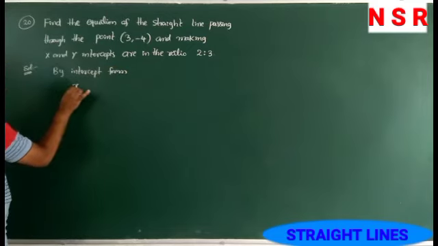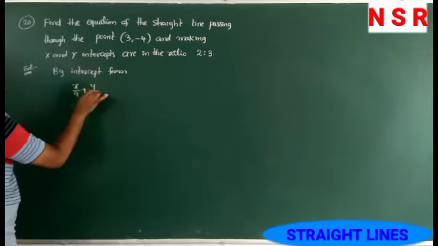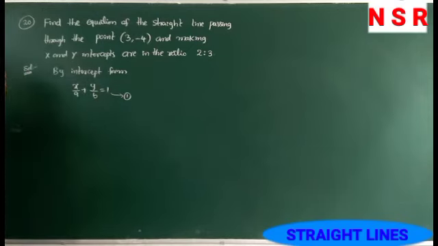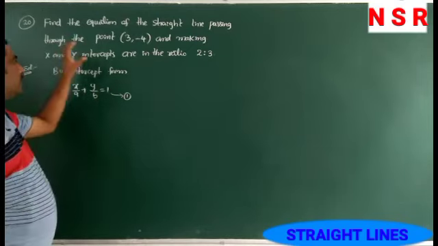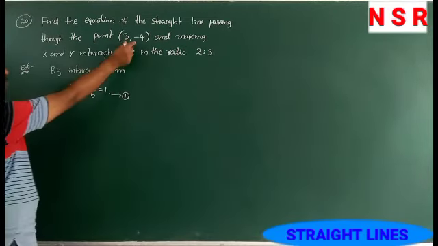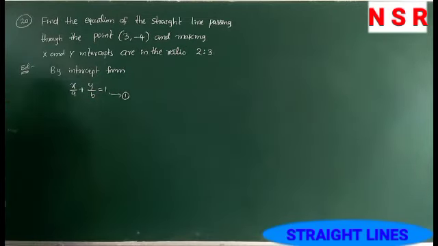What is the intercept form? x by a plus y by b equal to 1. Take it as equation number 1. Here one condition is given: the intercepts are in the ratio 2:3. By using this condition and this point, we find the a and b values. After getting the a and b values, substitute them in equation 1 and we get the straight line equation.